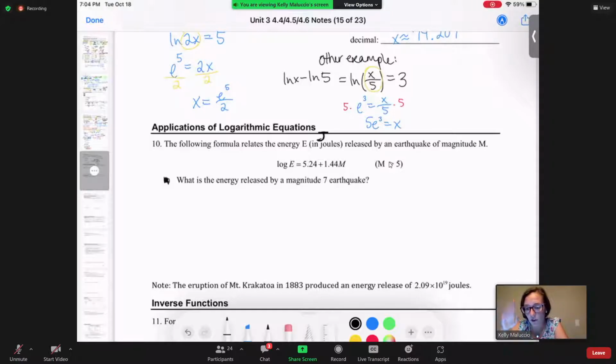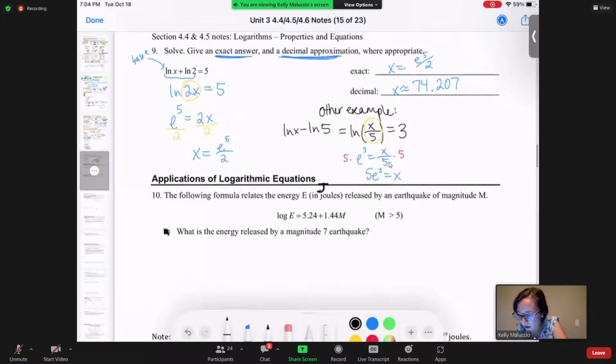Someone said it can be 5 halves. Was that for the previous problem? Yes. So this answer is not the same as e to the 5 halves.